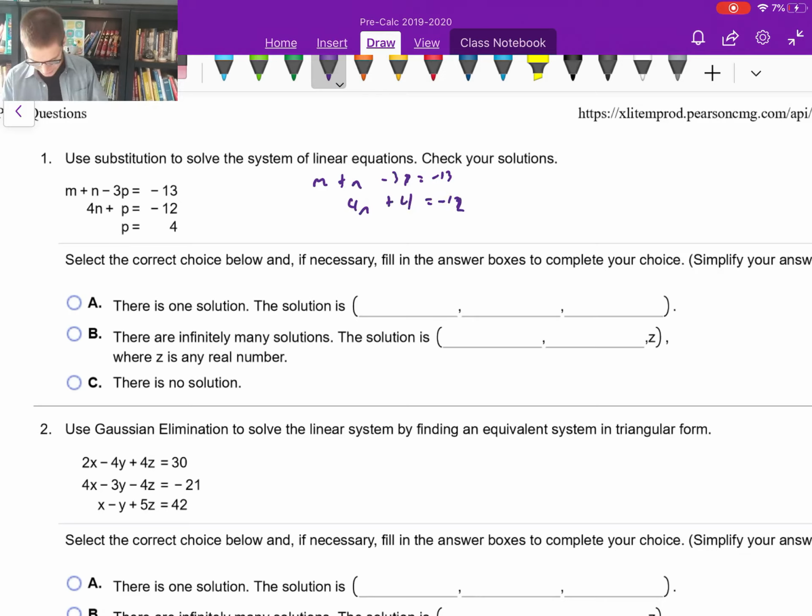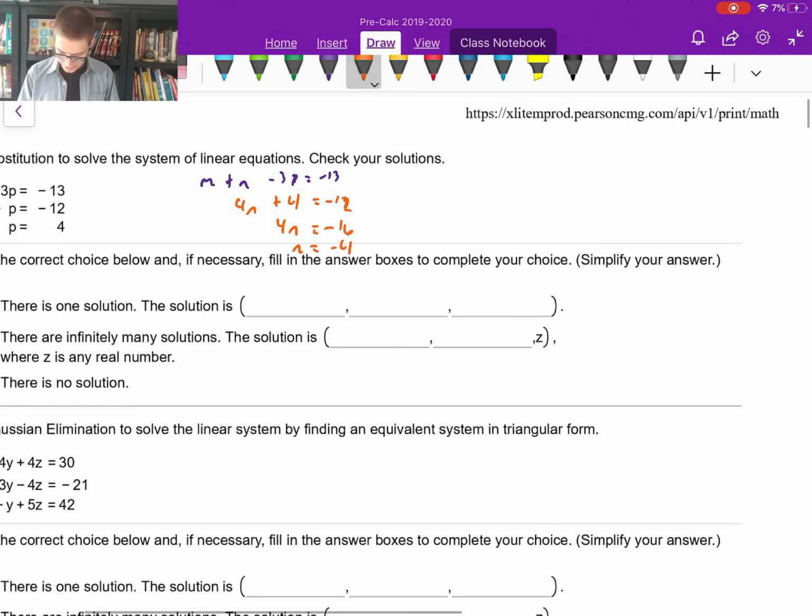Okay, so if I subtract 4 from both sides, I get 4n equals -16, and then n equals -4. And so we've got n equals -4, p equals 4. We plug that into the last equation.